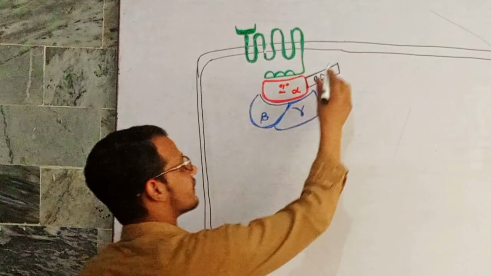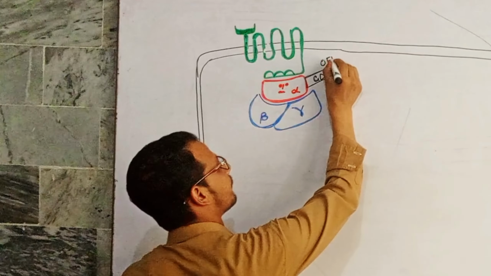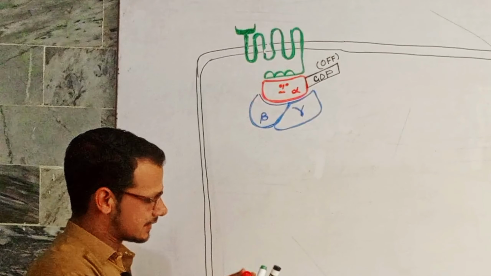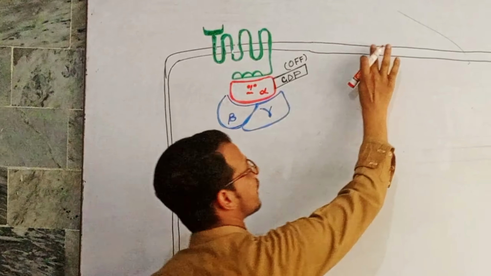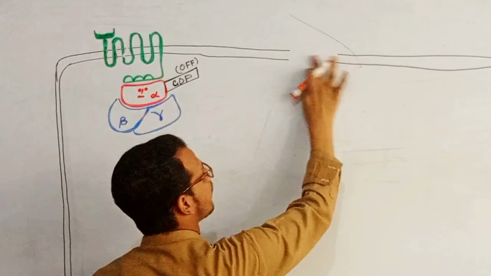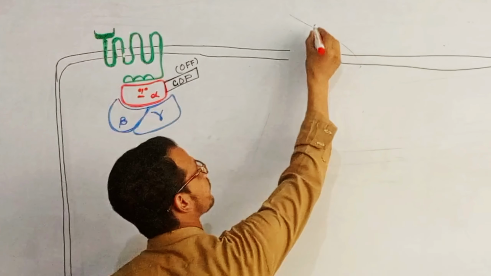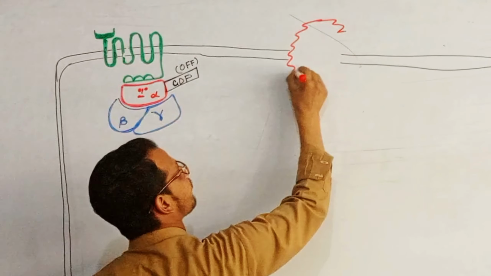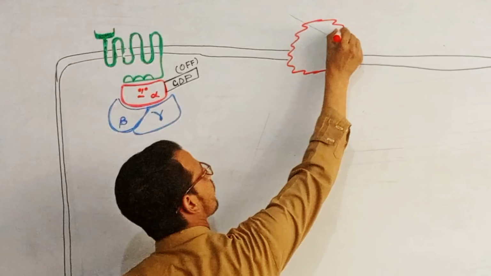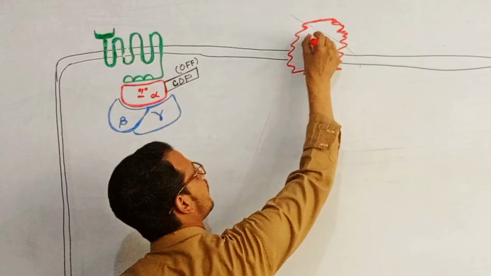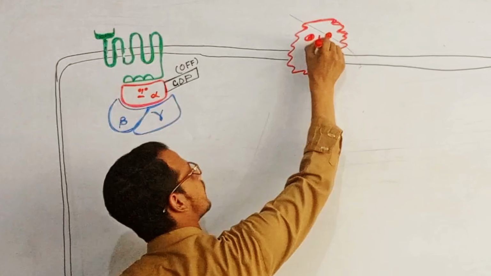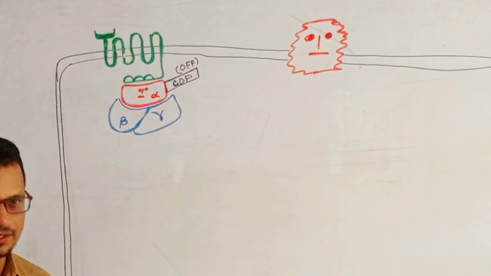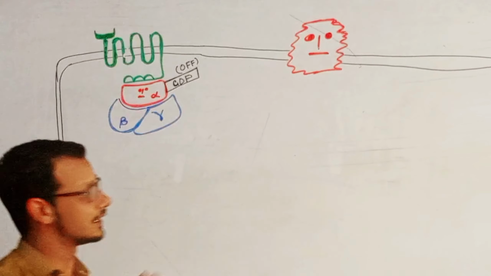With GDP, it is in off form. Near the cell membrane, we have a very important protein here, and this protein is called adenylate cyclase or adenyl cyclase.